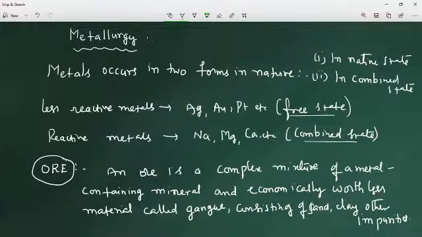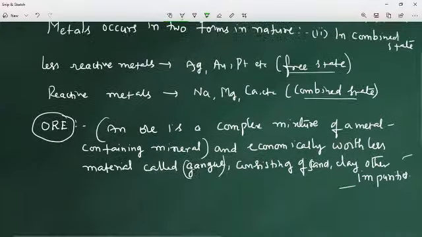Here we have got two important things. Ore is a complex mixture of metal containing mineral. And another point is gangue, which is nothing but an impurity present in ore. So these are the two important terms involved. Ore is the most important term in this discussion.